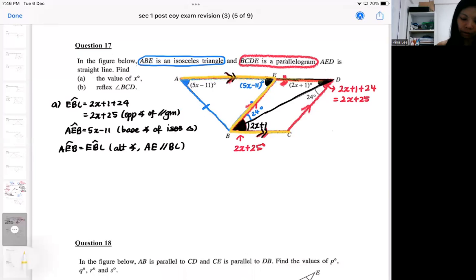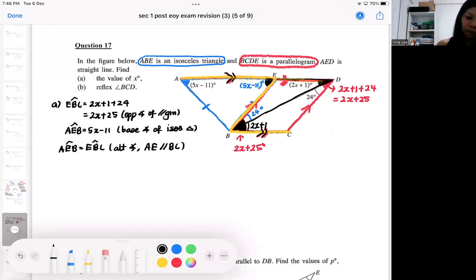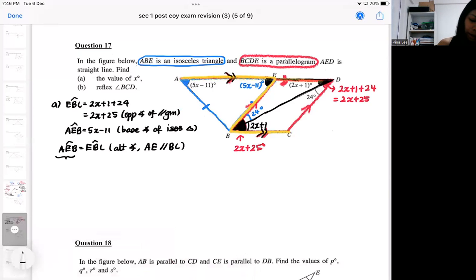Or like this will be enough. Because of this, the algebra for AEB will be the same as the algebra for EBC. And from there, you can find x.